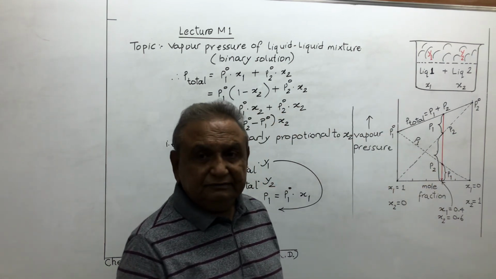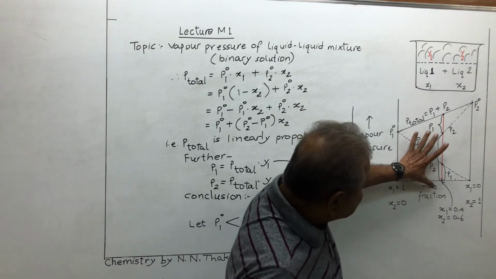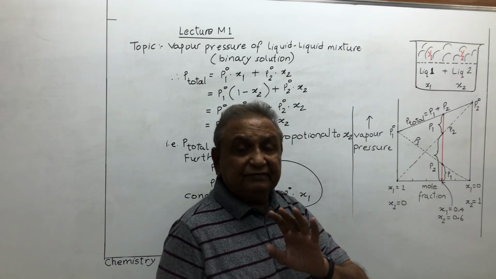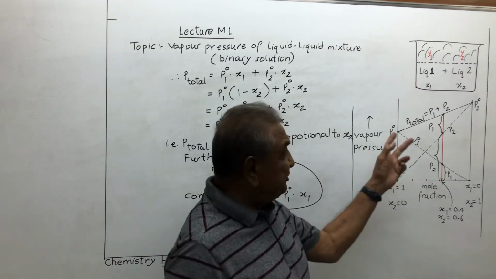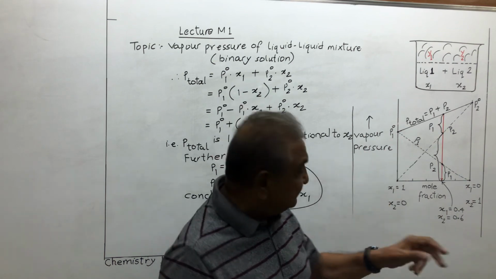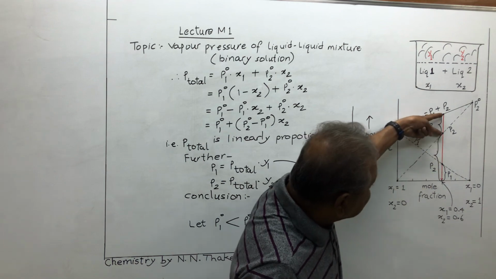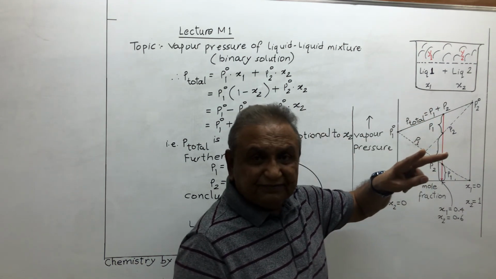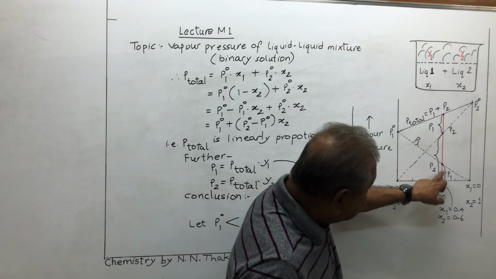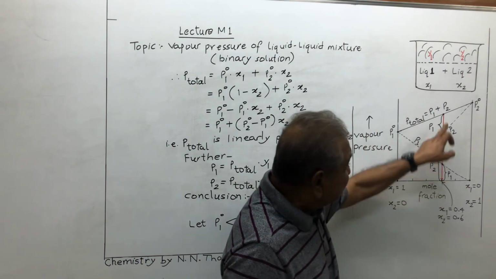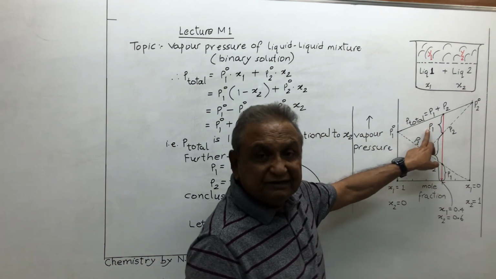So this much is P1 and this much is P2. Now further, when we draw the graph, we find that this length and this length are the same. So when this much value is P1, then this much value is also P1.